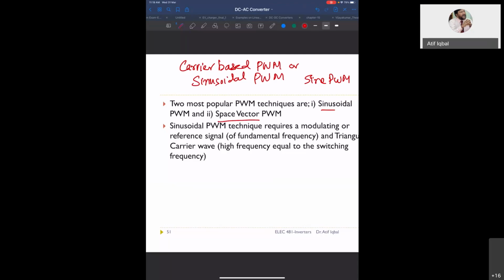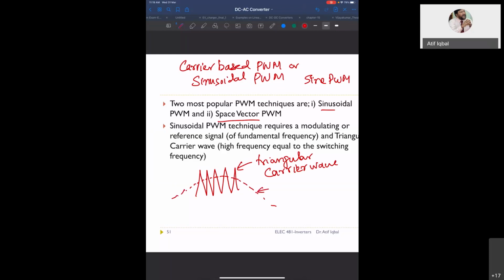So in the sinusoidal PWM technique, what do you have? You have a very high switching frequency triangular carrier wave, and you compare this with a sine wave.